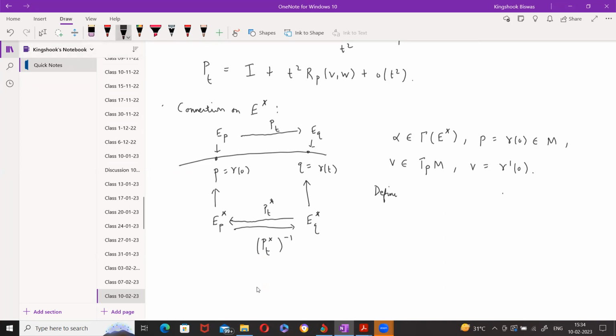Define nabla V alpha at P to be the limit as T tends to 0. I take alpha at this point Q, so that's alpha at gamma T.